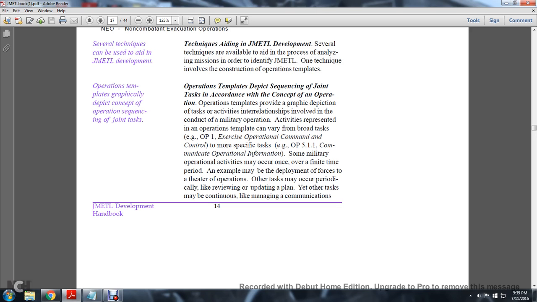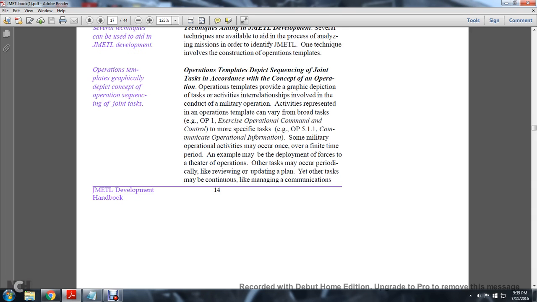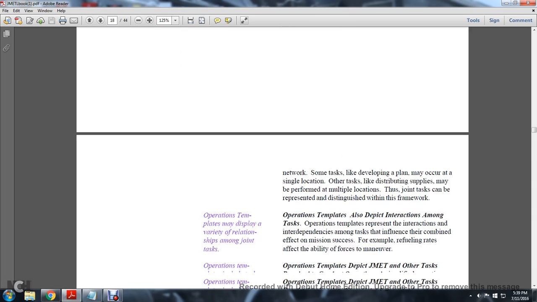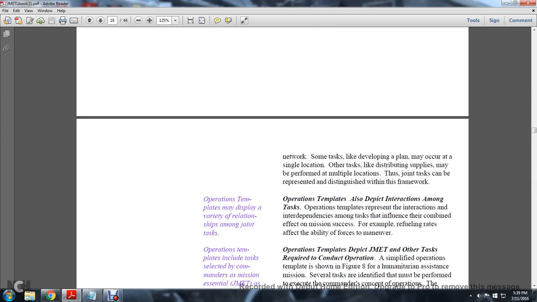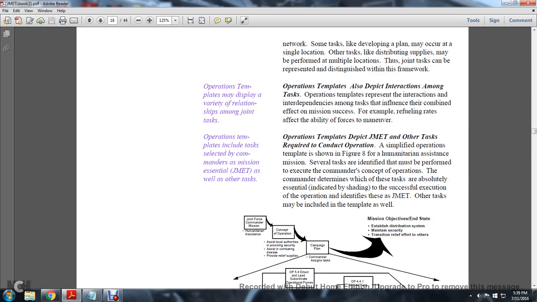Some military activities may occur over a finite time period, for example the deployment of forces to the theater of operations. Other tasks may occur periodically, like reviewing and updating a plan. Yet other tasks may be continuous, like managing a communications network. Some tasks, like developing a plan, may occur at a single location, while other tasks, like distributing supplies, may be performed in multiple locations. Thus, the joint tasks can be represented and distinguished within the framework.